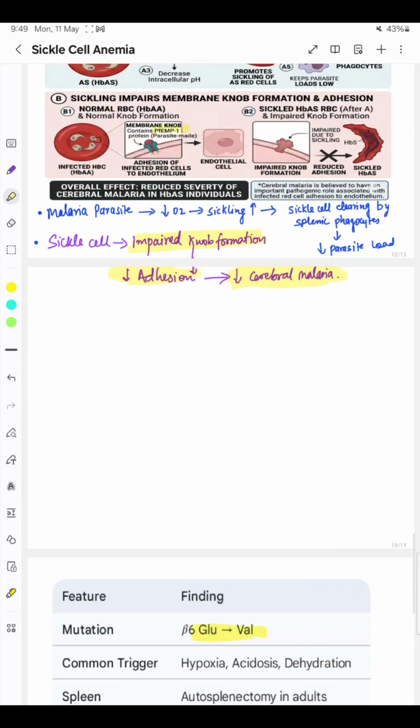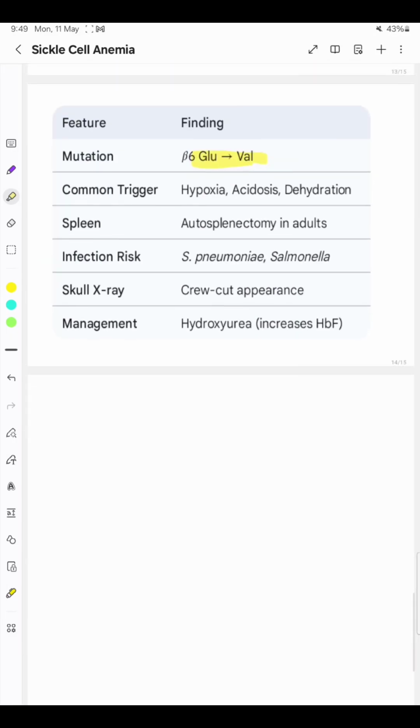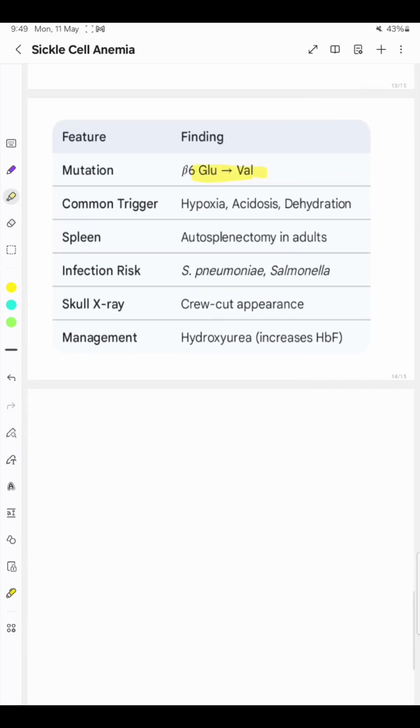Now we'll see the important points of sickle cell disease. Mutation at the 6th codon of beta globin on chromosome 11, glutamate is replaced by valine. Sickling is commonly triggered by hypoxia, acidosis, and dehydration.